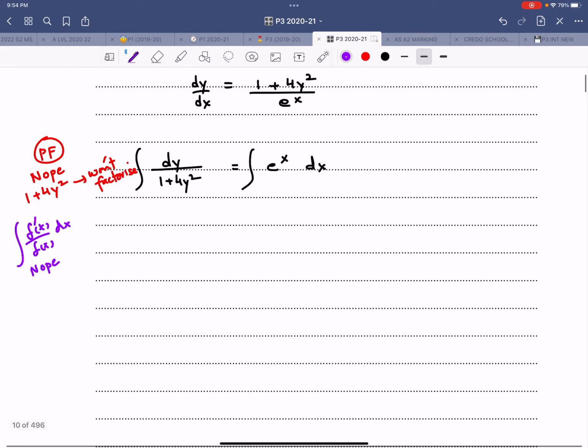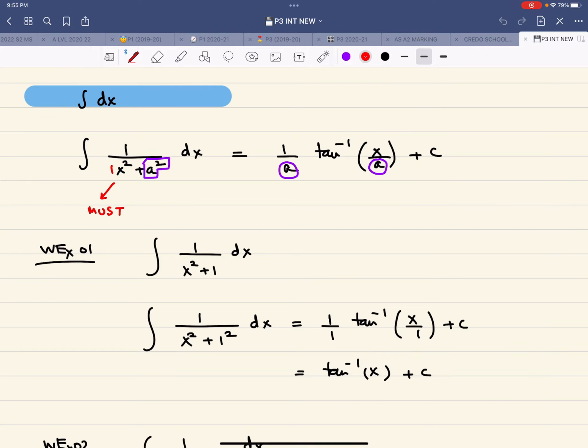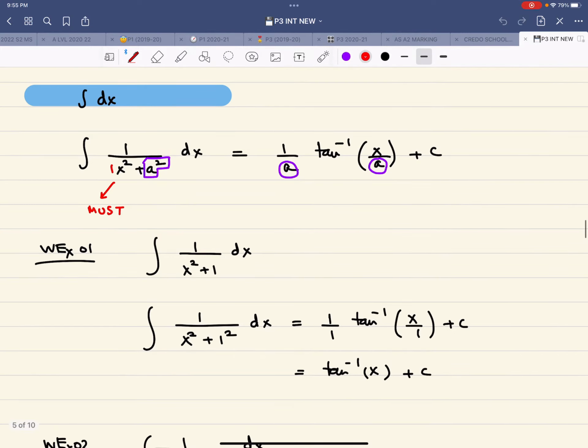So let me first write this thing at the corner. 1 over 4y square plus 1 dy. I will write this thing as 1 over y square plus 1/4, and I've taken 4 common out, so let me write it on the side, dy. That is the first thing that I've done. Now it should be of the format, this is a square, so 1 over a, tan inverse x over a.